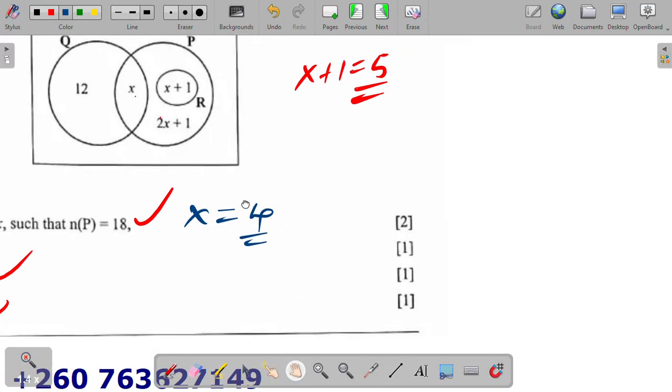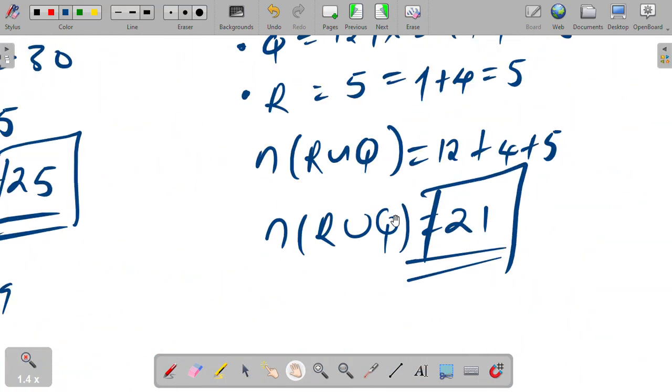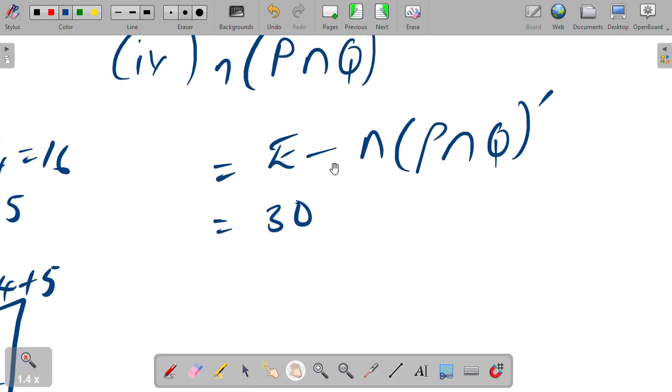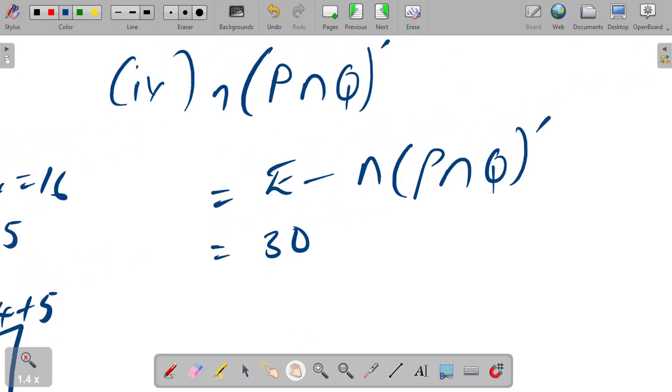Then we subtract 4 from 30. Once you add everything in the universal set, you subtract the number of elements in P intersection Q, meaning this must not be part of the 30. So you subtract the 4 in the middle. When we subtract 4 from 30, we get 26.